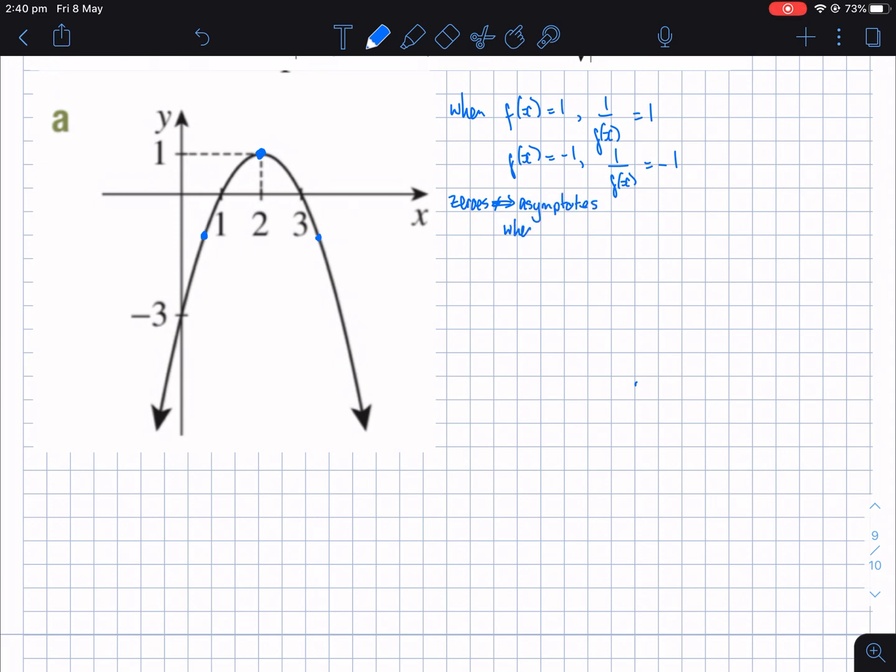So when f of x equals 0, 1 on f of x has an asymptote. Oh, this is vertical. So f of x is 0 here, so we're going to have an asymptote there, like it's never going to go through that point. It's going to curve around it. Same here.